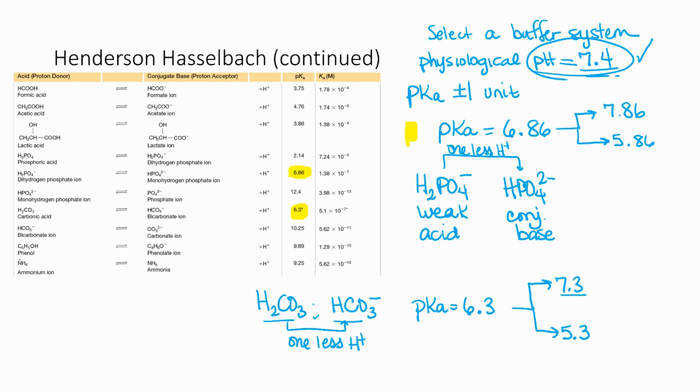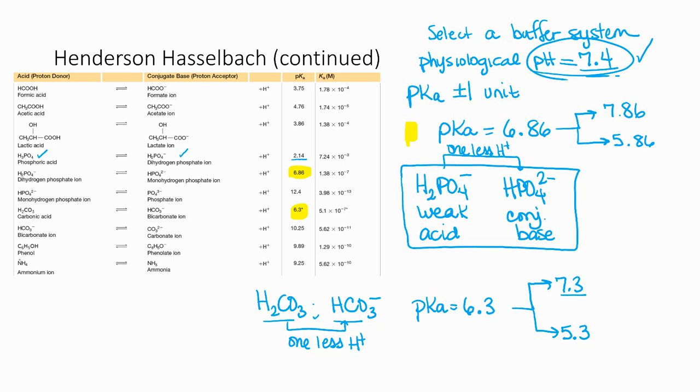The other important point is that, especially if you look here with H2PO4 minus and HPO4 2 minus, those guys are a buffer system. The phosphoric acid you see up here, H3PO4, that's a completely different buffer system. We don't mix and match them.